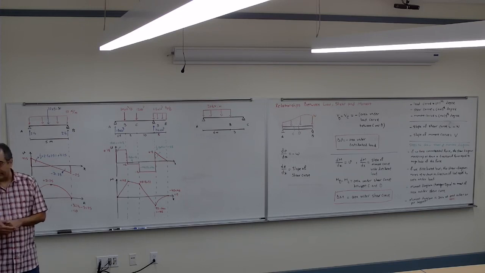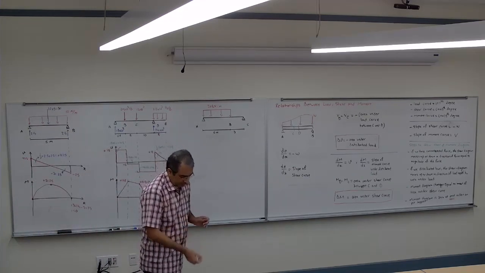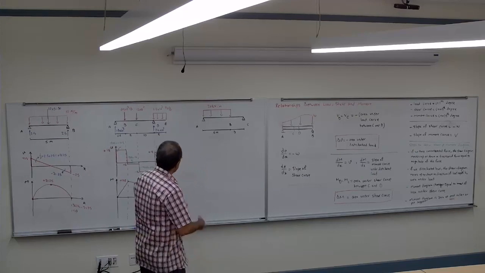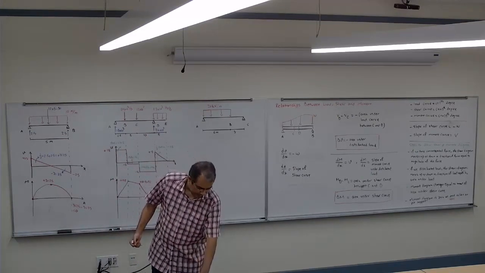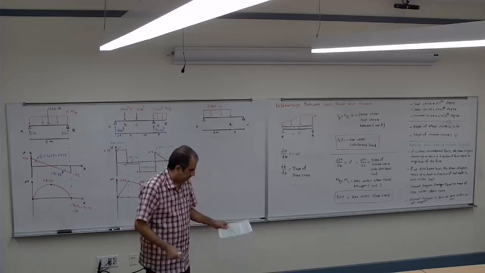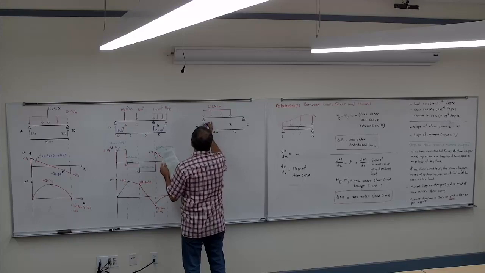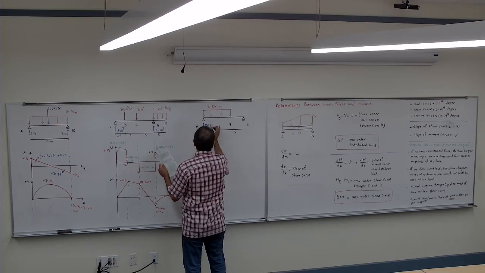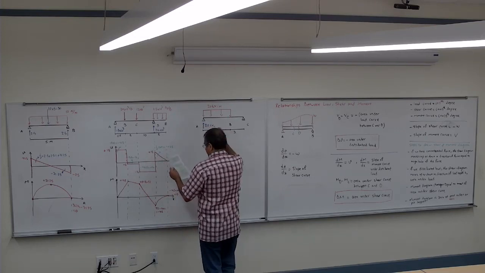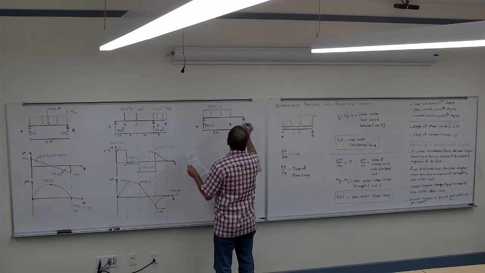Again, the very first step, I have to find the reactions of the supports. I'm not going to do it; you can do that statics part easily, but if you do it, at A you get 80 kilonewtons going up, and at C you get 40.